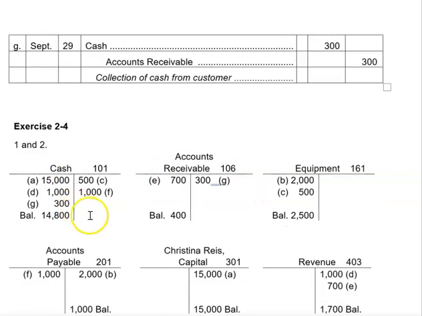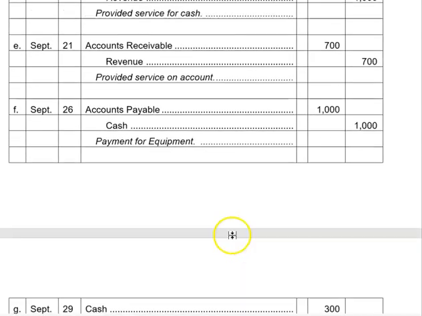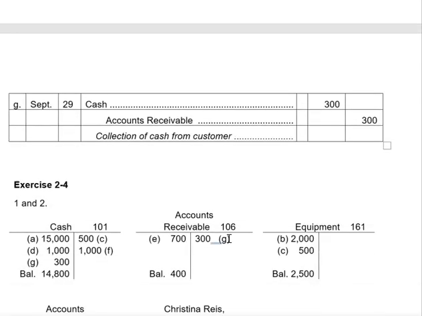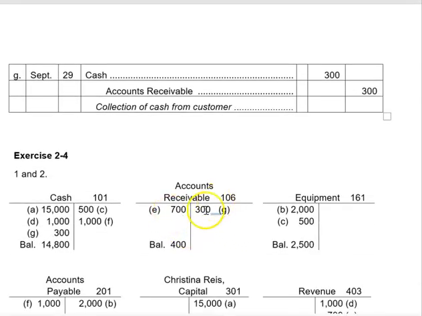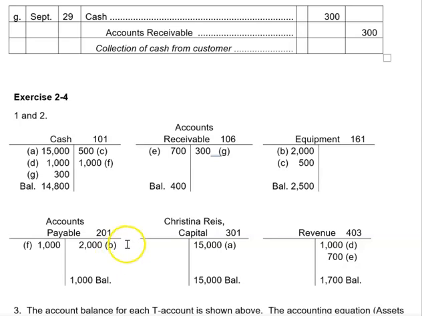Okay, that does make a difference. Then for B, we've got equipment and accounts payable. So B, we have equipment, and B, accounts payable.